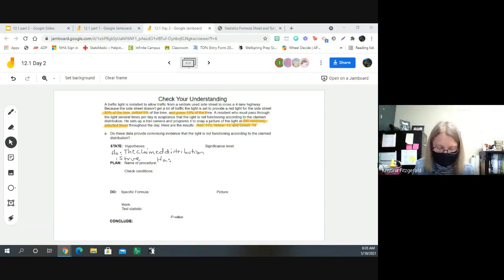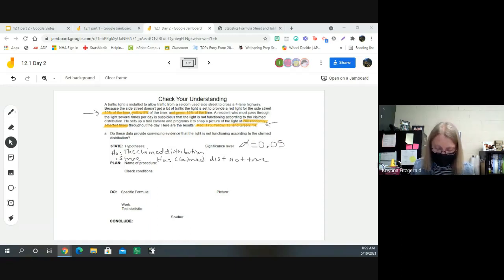The light percentages here are not going to match up with what he collected. Now, what kind of significance level do we want? I'm going to default it at 5%. If it's not given, you should default at 5%, but sometimes it might be given as 1 or 10%.